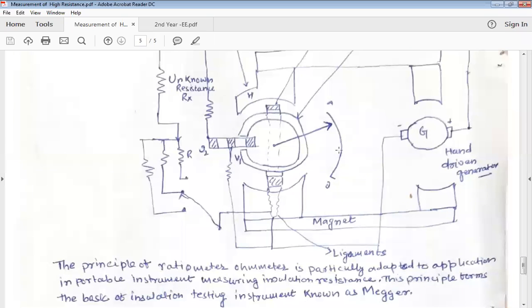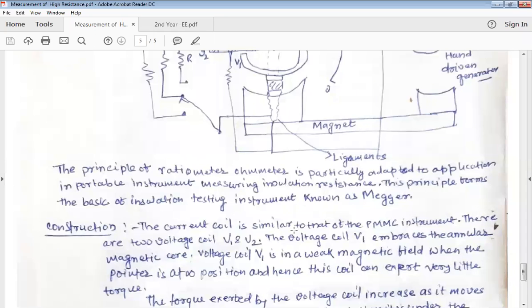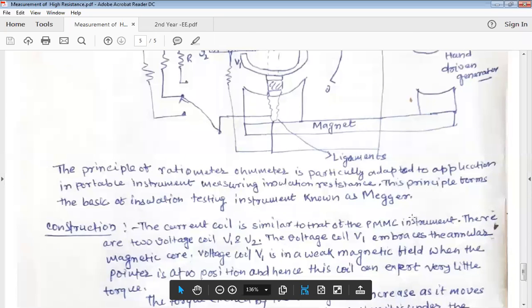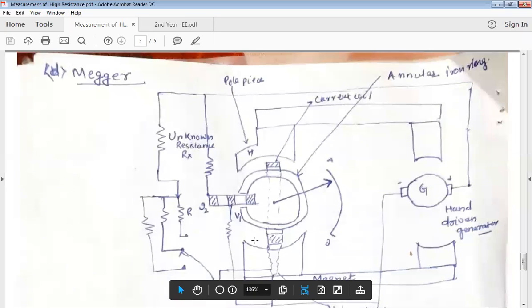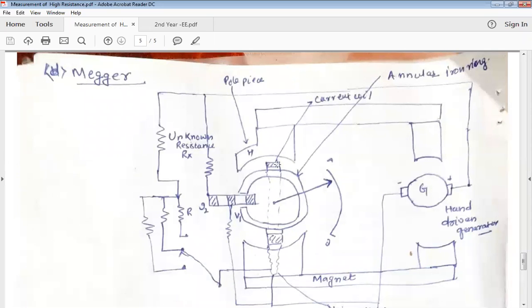There is one generator, you can say. In the construction, there is one PMMC instrument, permanent magnet moving coil instrument. Suppose this is its current coil. When you study the construction of ammeter and voltmeter, from the measurement point of view, measuring ammeters or voltmeters are of two types: moving iron type and moving coil type.